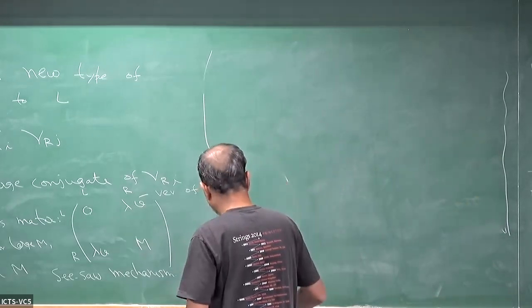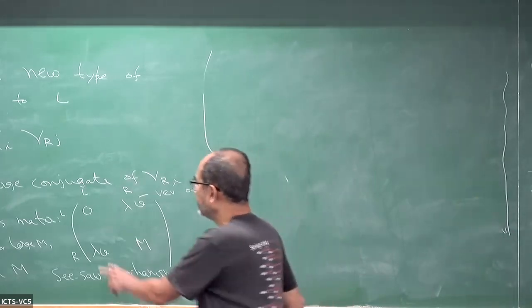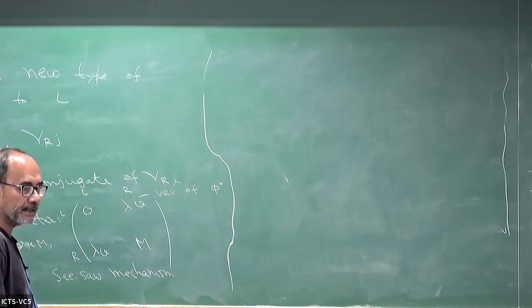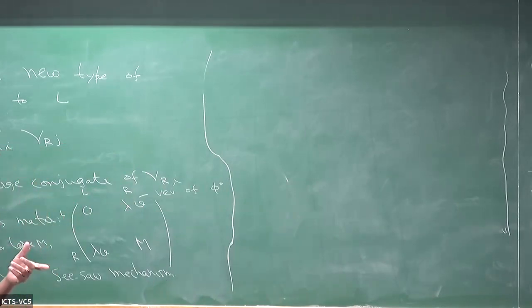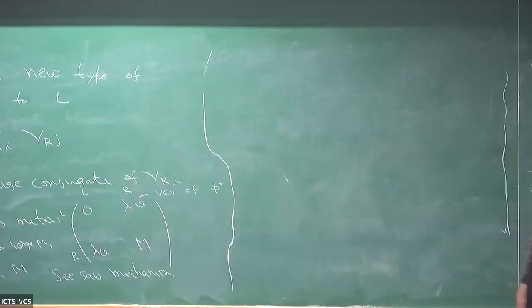Now you see that this term that you have added, let's look at what it does under the lepton number transformation. You have already introduced the transformation laws here, you cannot change them anymore. These have been designed so that these terms are invariant under lepton number transformation.